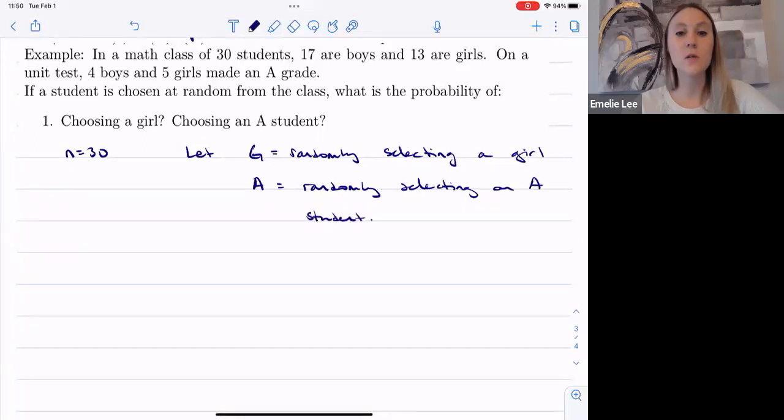As long as you define what those shorthands are, then you're allowed to use them, and I encourage you to use them.